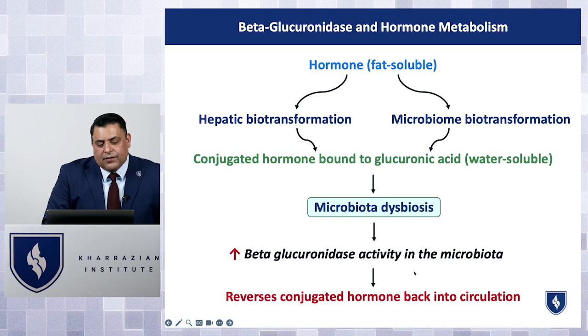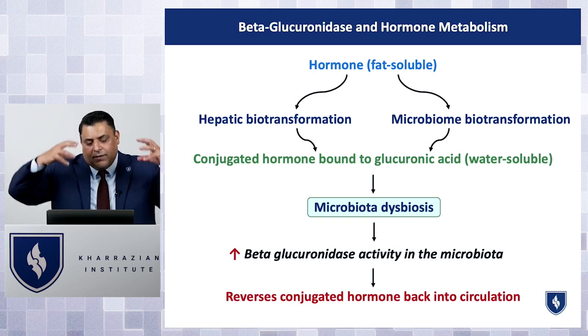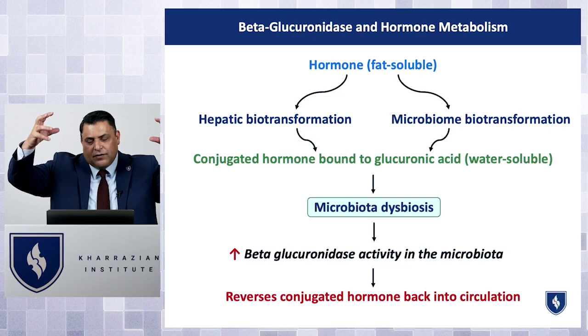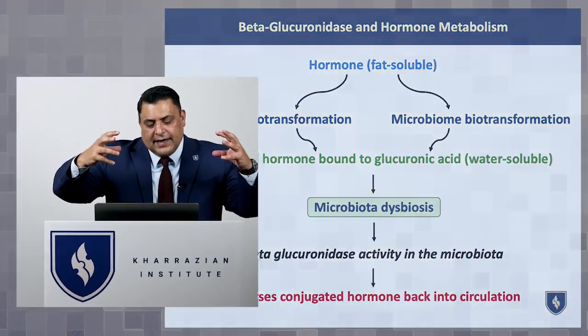And when the liver does its job of detoxifying hormones from a fat-soluble state to a water-soluble state by attaching glucuronic acid, these beta-glucuronidase enzymes in the microbiome in dysbiosis take off that conjugated glucuronic acid, and the hormone goes back into circulation and can compete with other hormones.